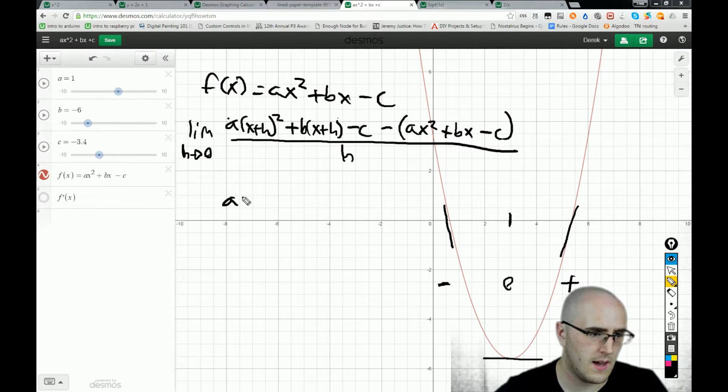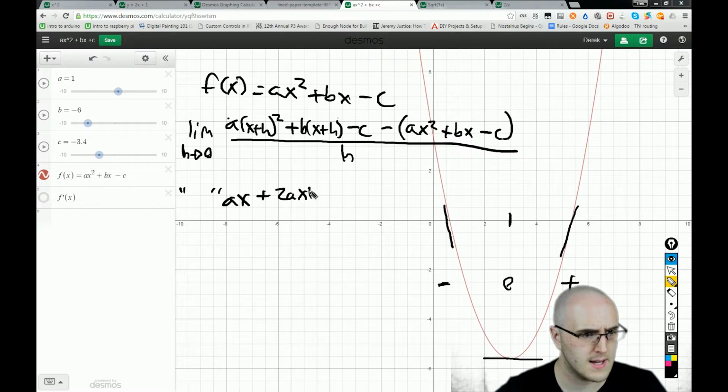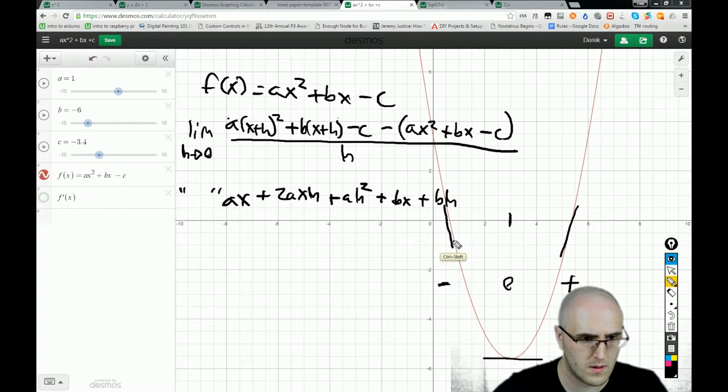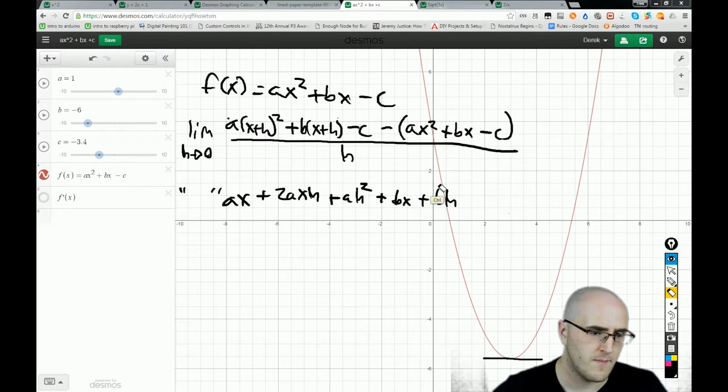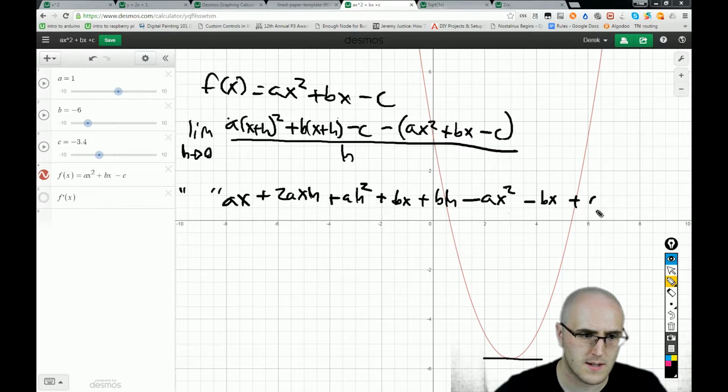We get ax squared plus 2axh plus ah squared plus bx plus bh minus ax squared minus bx plus c.